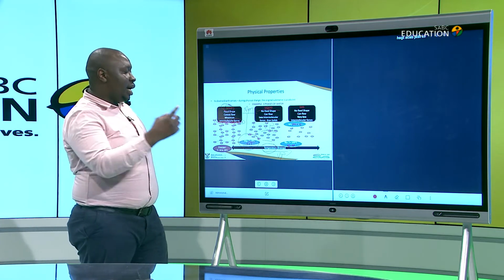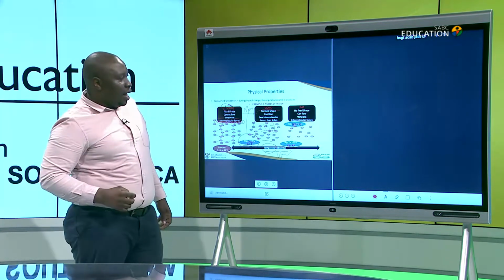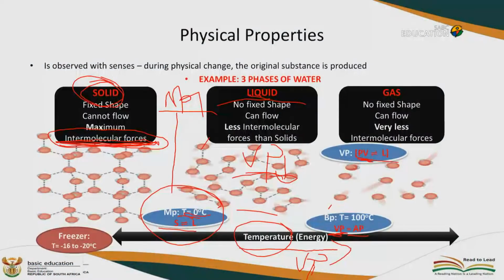Vapor pressure is the pressure exerted by the vapor that is at equilibrium with the liquid. So there are three important definitions. Remember, we're going to do different physical properties, which are melting point, boiling point, and vapor pressure. So you got to understand them.